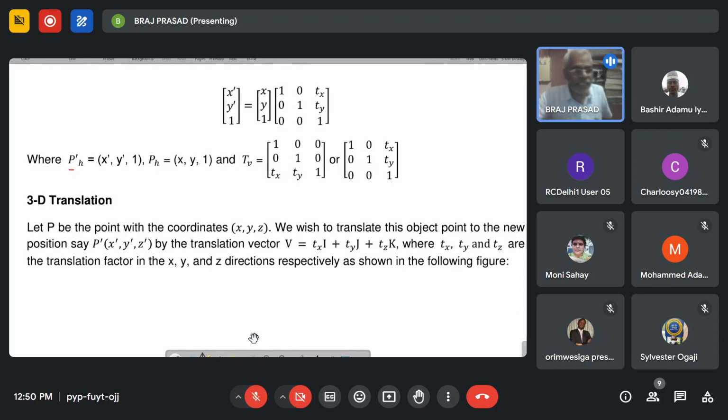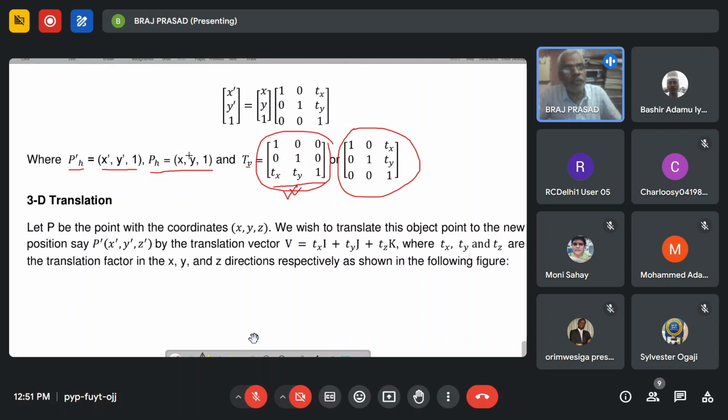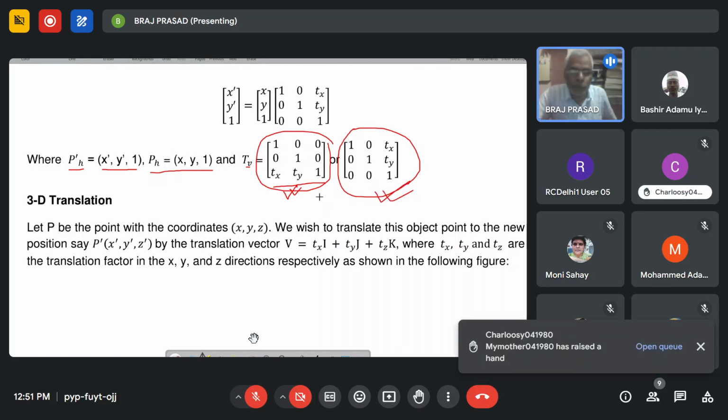So p dash h is x dash y dash 1, ph is equal to x y 1, and tb in row form it is this one, and in column form it is this one. Some authors use this row matrix to calculate the new coordinate, and some use this one. Both representations are the same, but one is a row matrix and one is a column matrix.